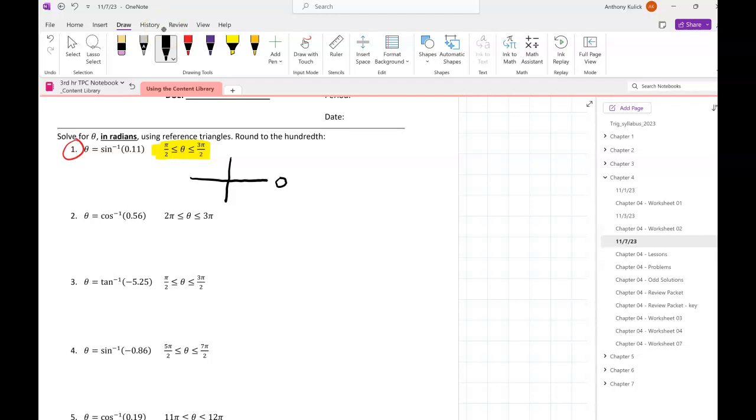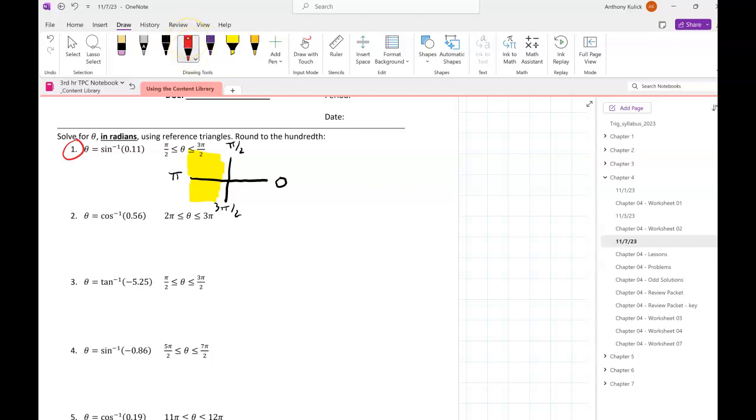And because these are positive values, I'm going to be going which direction? Counterclockwise. So every quadrant is 90 degrees or pi over 2. So there's pi over 2 there. 2 pi over 2, or just pi. And then 3 pi over 2. So in between that should be that area right there. Quadrants 2 and 3.